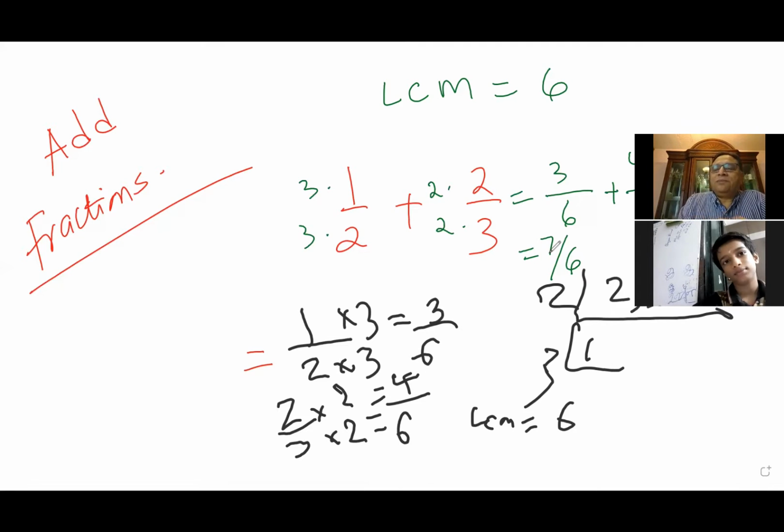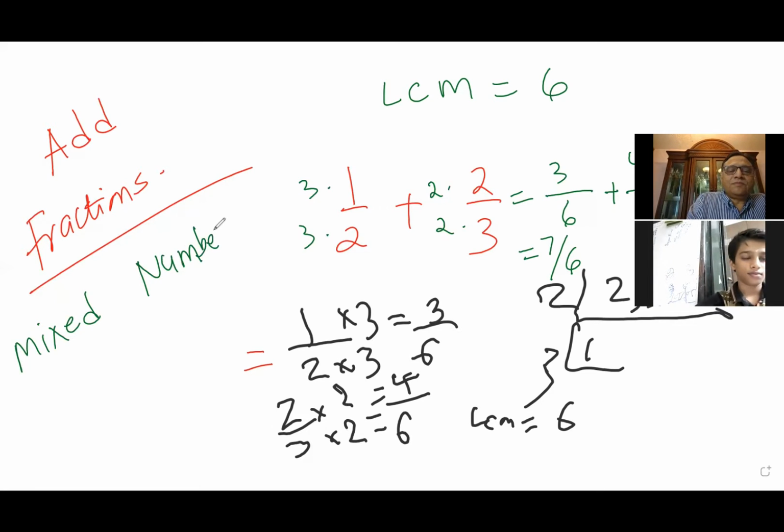Can you write this as a mixed number? So we have 7 over 6. How will you do that? You can erase your part and then you can write and tell me.